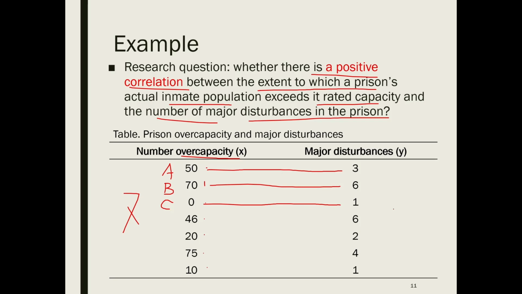So in this case, there are 7 prisons, each with a number of overcapacity and a number of major disturbances.